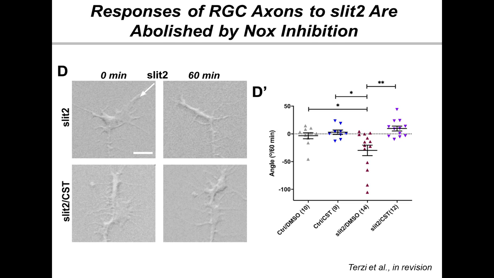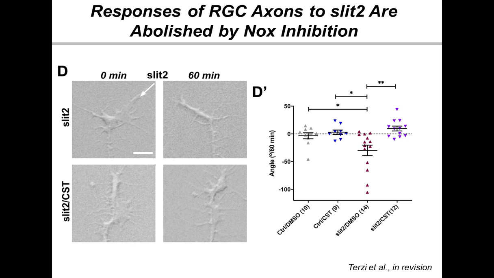Furthermore, if you do a guidance assay where you apply SLIT2 in a gradient at an angle indicated here by the arrow, these are enlarged images of growth cones from cultured zebrafish retinal cells. On the left, time 0, on the right, 60 minutes later.